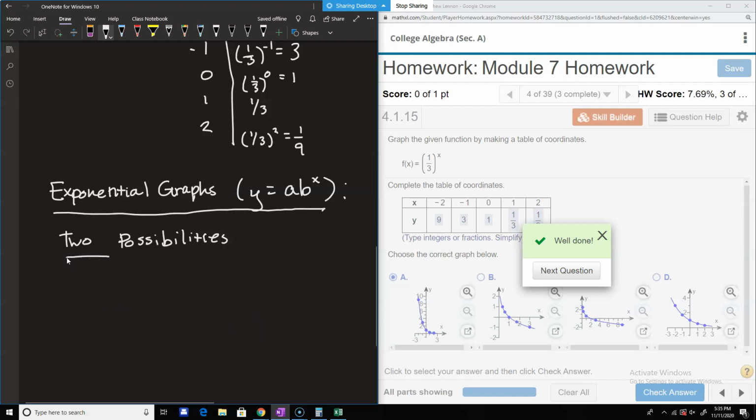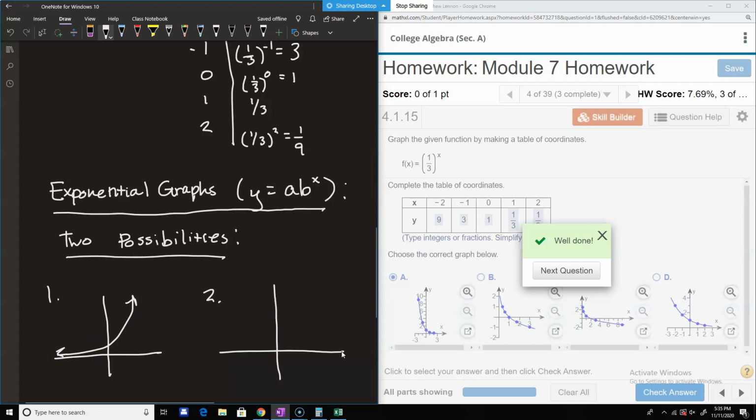So the 2 possible graphs are related to the 2 we've just seen. In general, the shape will always look like, for growth, the first graph we did. This is the growth scenario. And then we have decay, which looks like the graph we just drew for 1 over 3 to the x. It looks something like this.